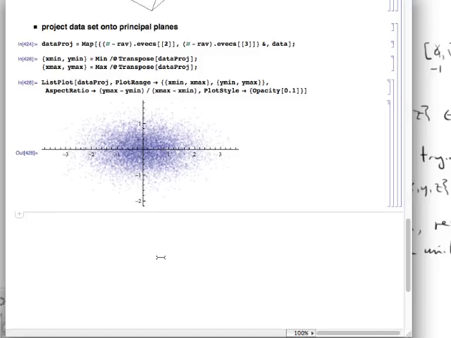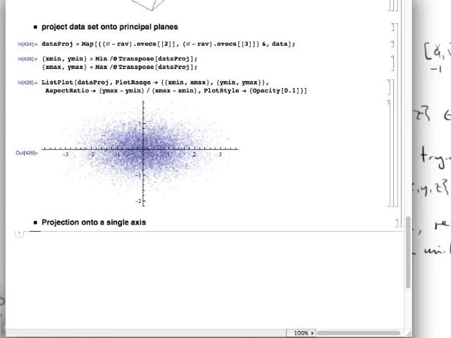We can project the data along a single axis as well and take histograms. So just following the same scheme, but this time we only project along one direction.